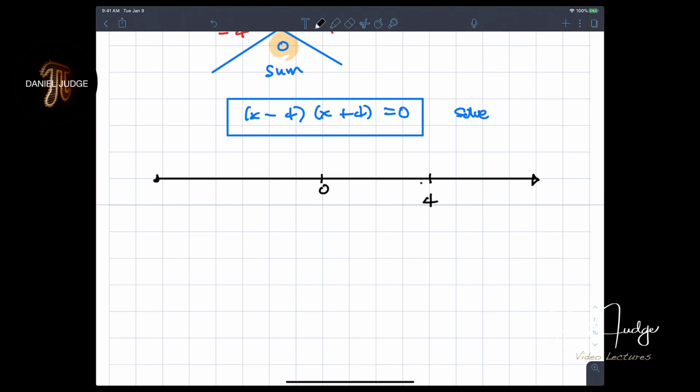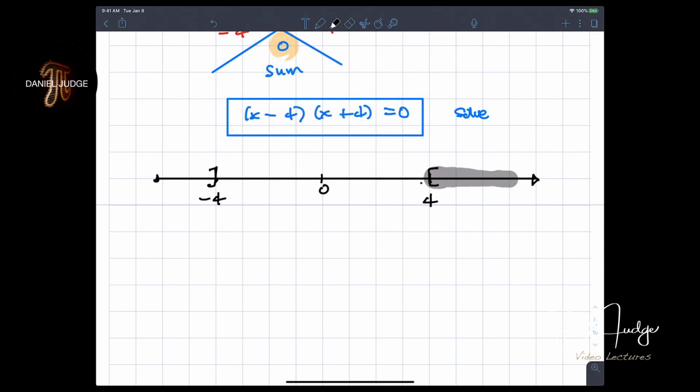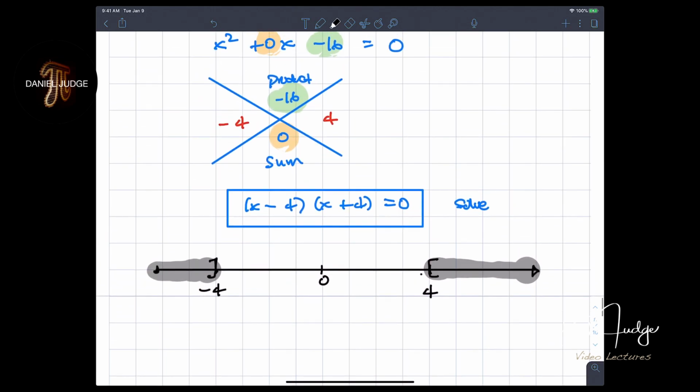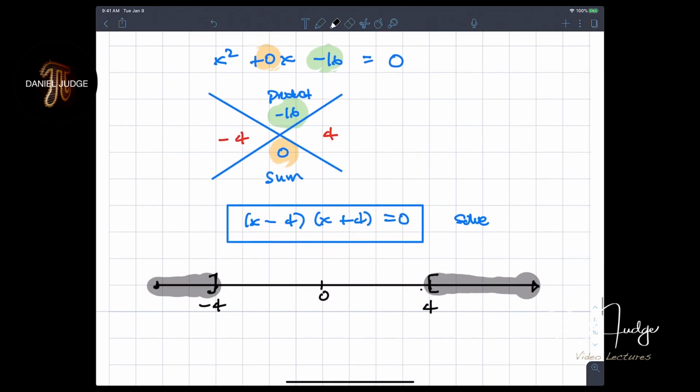One, 2, 3, 4 over here, negative 4. I'm going to tell you what this one is. You're going to have brackets. And final solution will be these here. All right, just to let you know, there's the answer for that one, but go through the sign analysis.